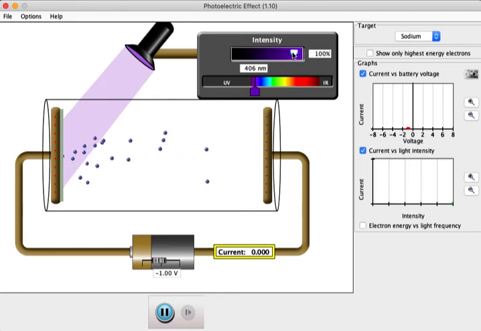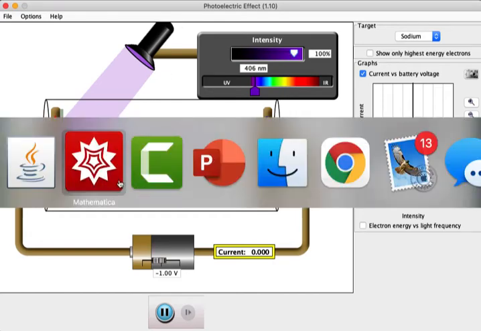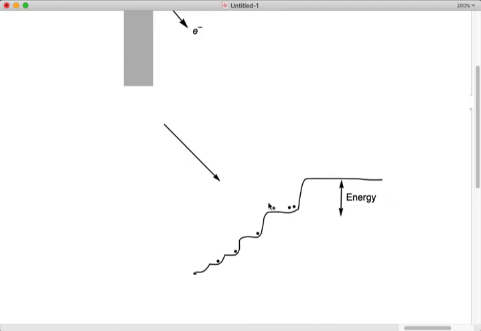And that is not explainable classically at all. Apparently, there is some maximum energy for this particular wavelength of light that, no matter how intense you make it, you cannot exceed. There's some maximum amount of energy that can be given to these electrons.